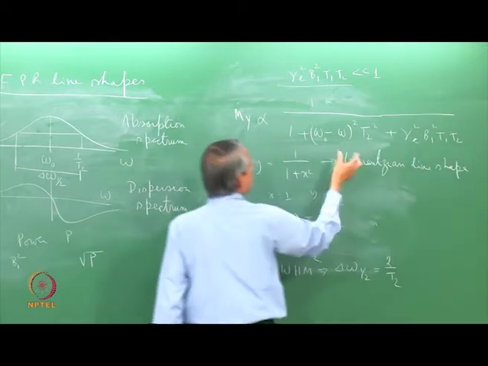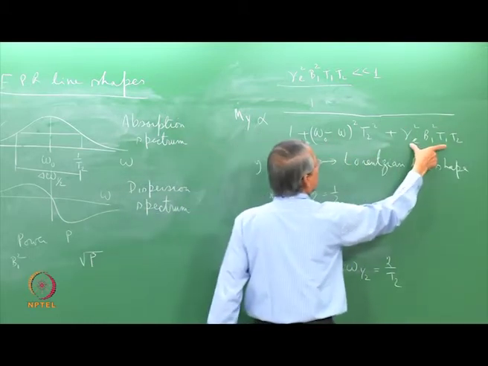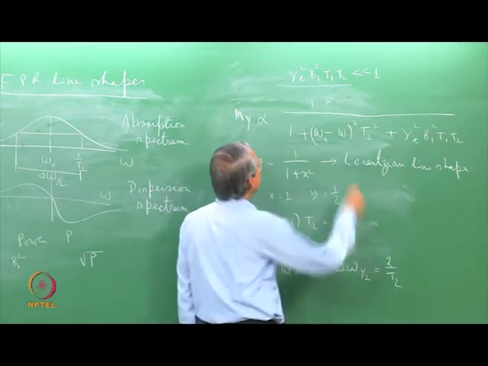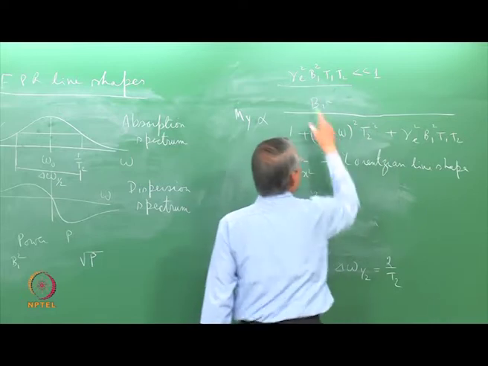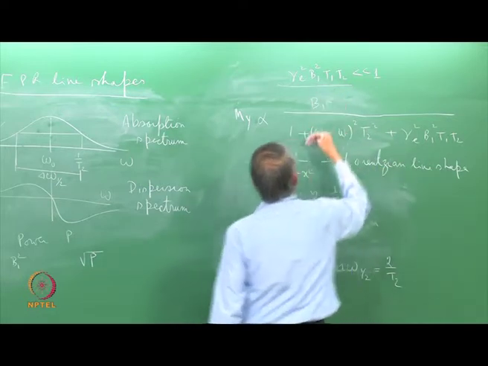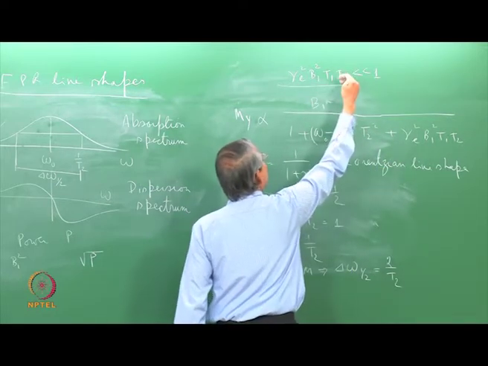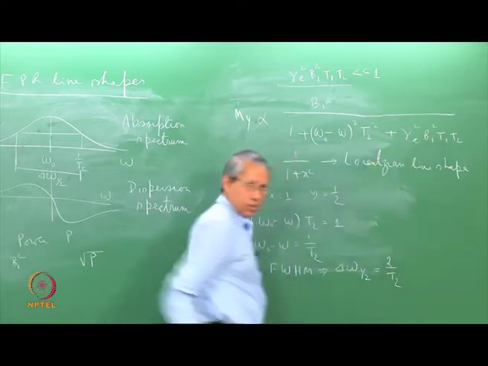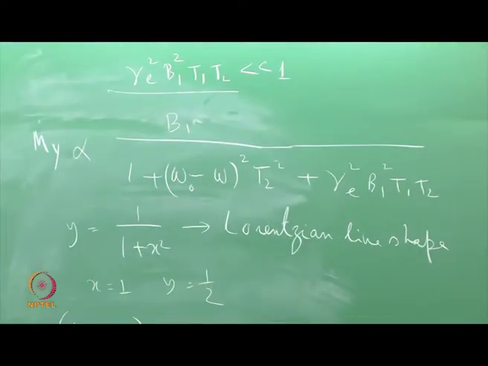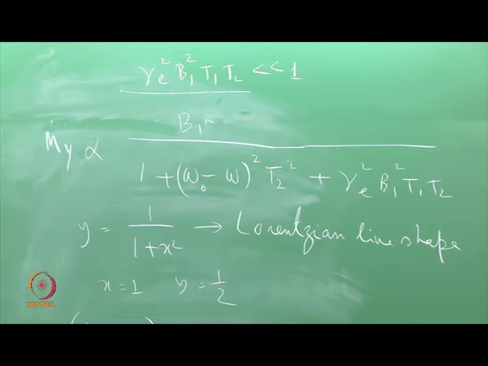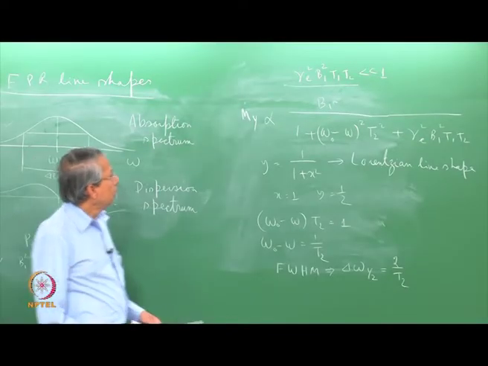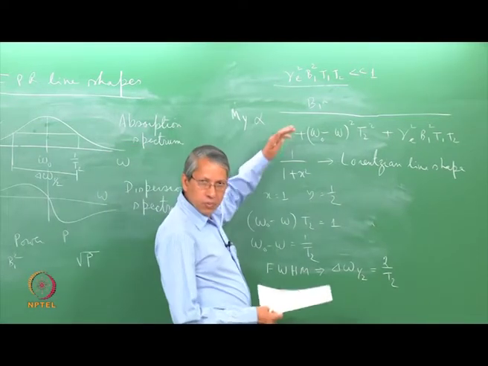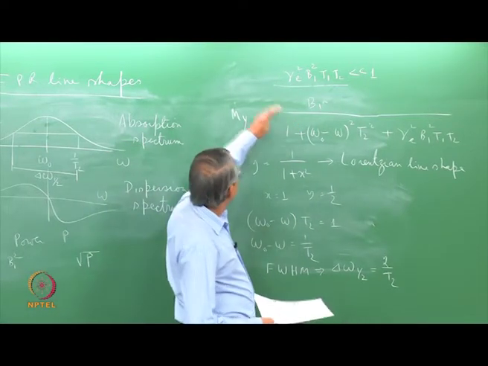The signal will now try to become smaller and smaller. We have got B1 here, but as this becomes larger, the signal will initially keep going up, and then because of this it will start going down. So, we say that the system is undergoing partial saturation, that is, the relaxation process is not able to maintain the population difference well. So, signal height goes down.